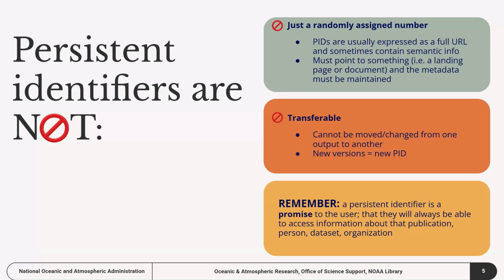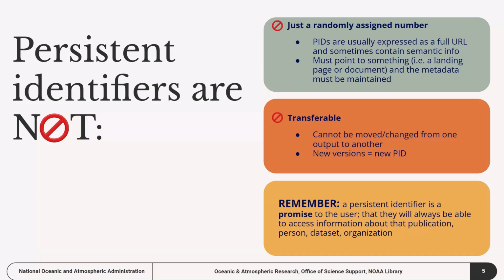Sometimes those URLs will contain some semantic information, something along the lines of if you're looking at a DOI for a journal article, sometimes you can see sort of the abbreviation for the journal in that DOI, but not always. Sometimes it is just a sort of string of alphanumeric numbers, but it is still part of a URL.